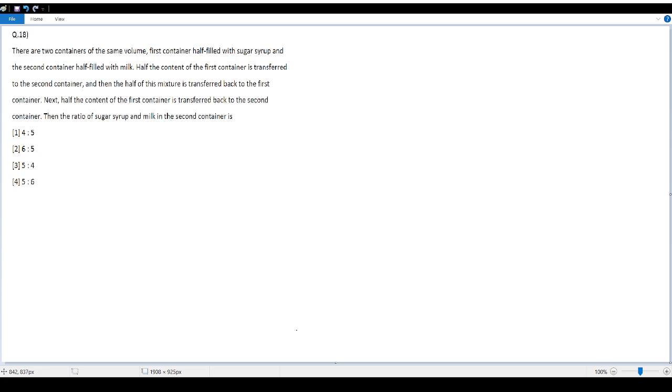Okay, so should we start? There are two containers of the same volume.